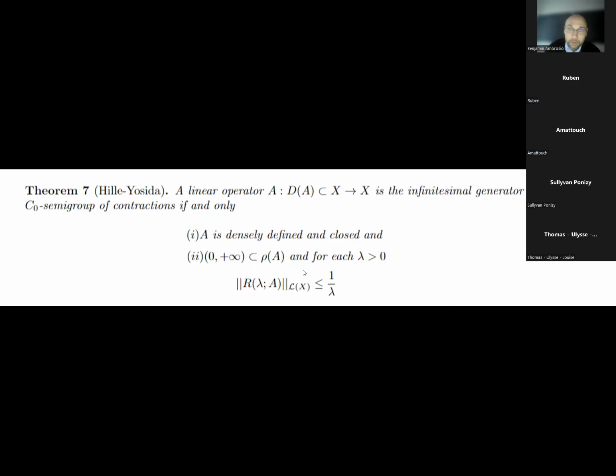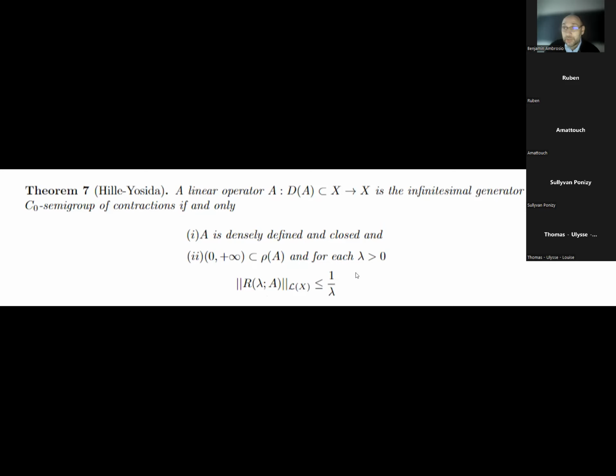And furthermore, for each of these lambda, the norm of R of lambda, A is bounded. We know that by definition of lambda in the resolvent set. But in fact, it's bounded by 1 divided by lambda.